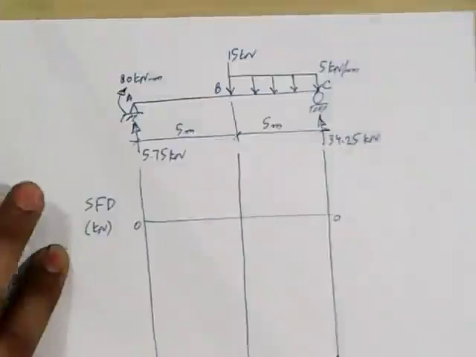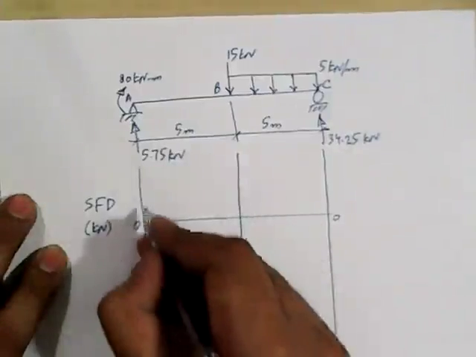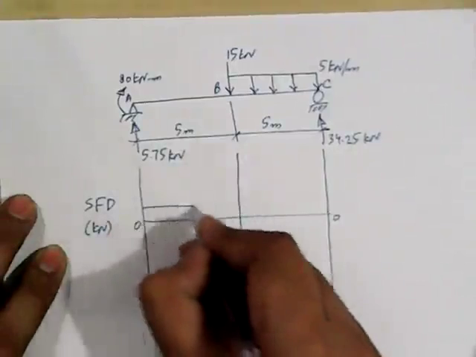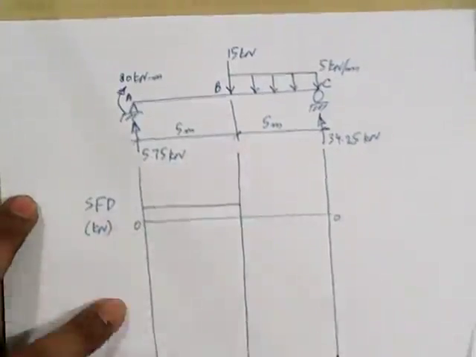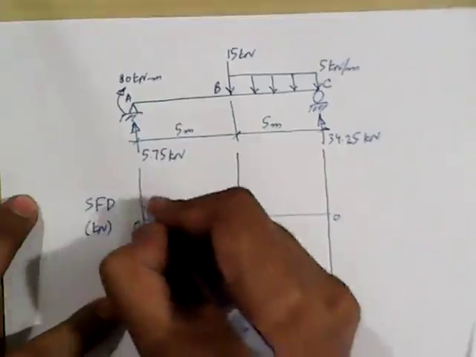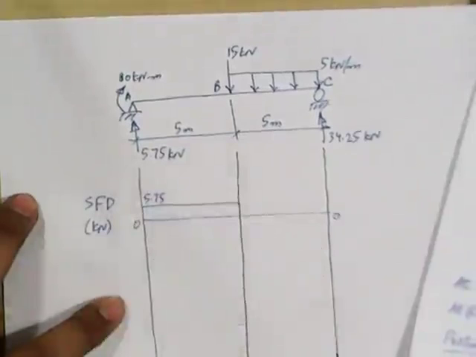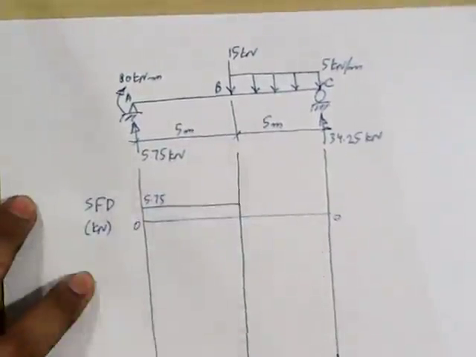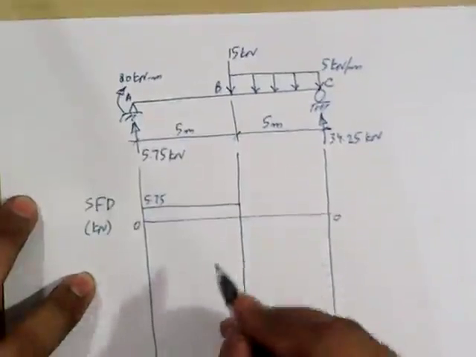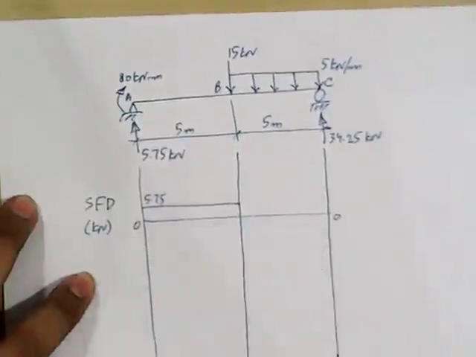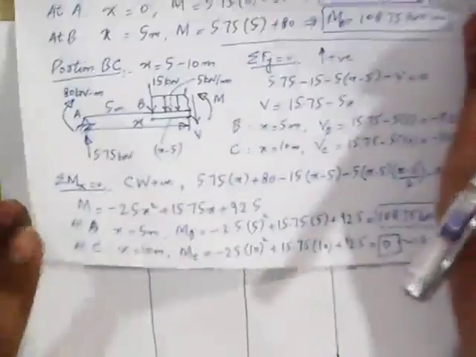Okay, and this is positive. So let me draw a positive line, and the ordinate is 5.75 kilonewton. I don't need to write down the units because we have written the units outside this diagram. So this is 5.75, and then what about the next portion, portion BC?